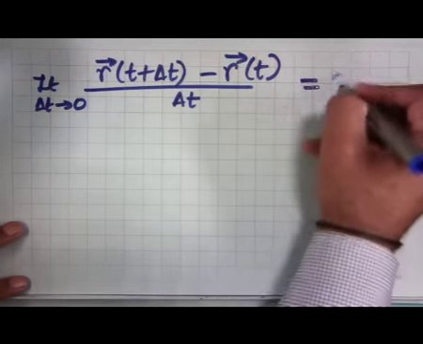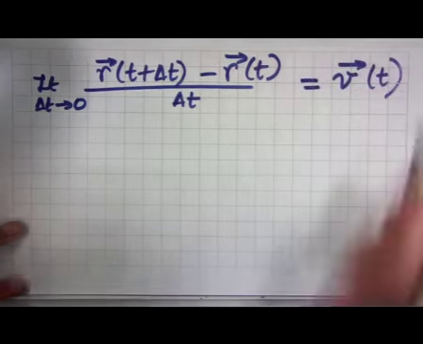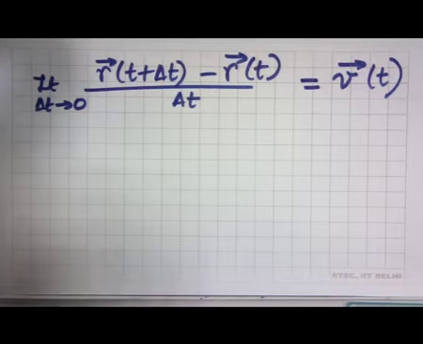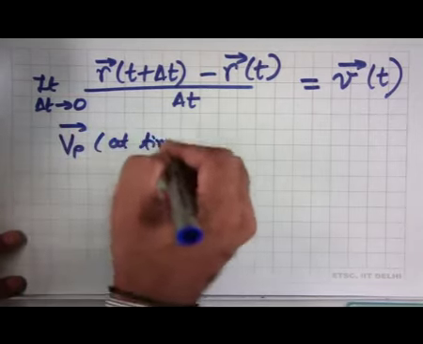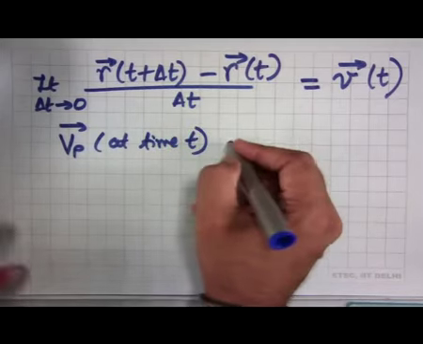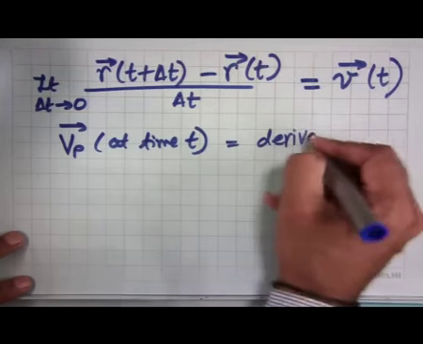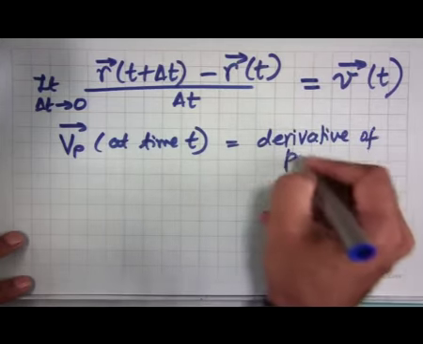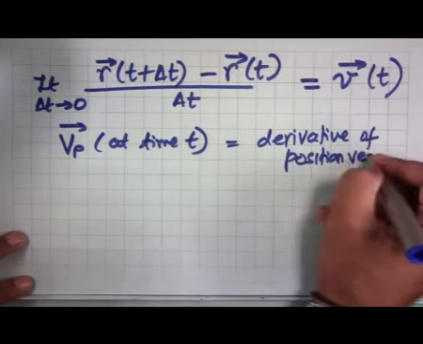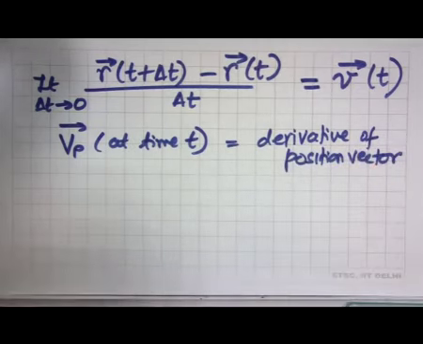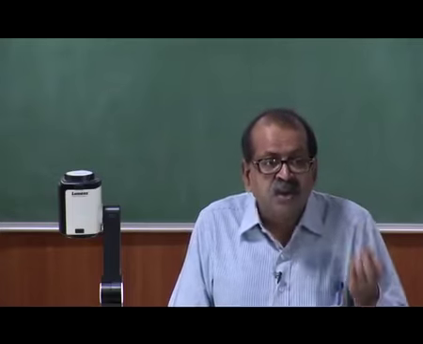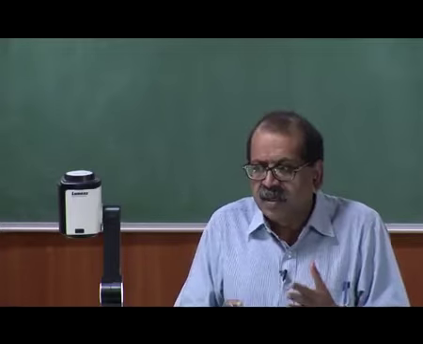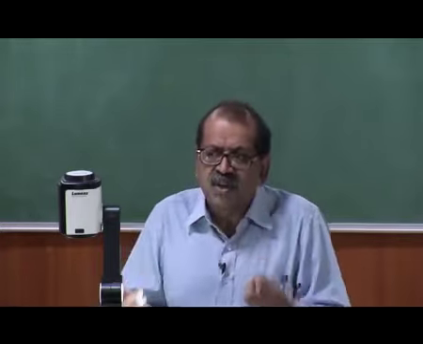This is what we call the velocity vector at time t. That is the basic definition of velocity vector. So, the velocity of point P at time t, this is the velocity vector, is equal to the derivative of the position vector. I am giving you a very general definition here. We have not even talked about how we add or subtract vectors, that will come in later. But before we move on ahead, at least let us go through the general definitions.